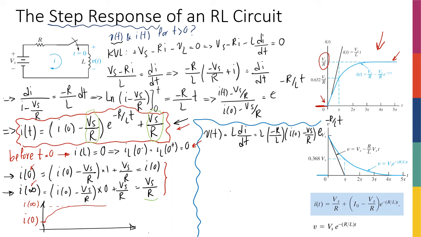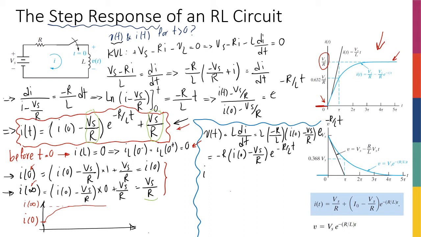Okay, and Vs over R is a constant, so when you take the derivative with respect to t, it's going to be just 0. So this is going to be equal to, L and L cancel, so it's going to be just negative R times I at 0 minus Vs over R, e to the power of negative R over L times t.